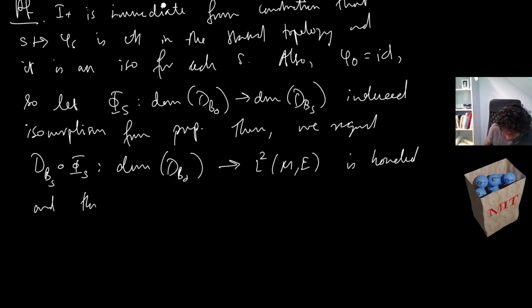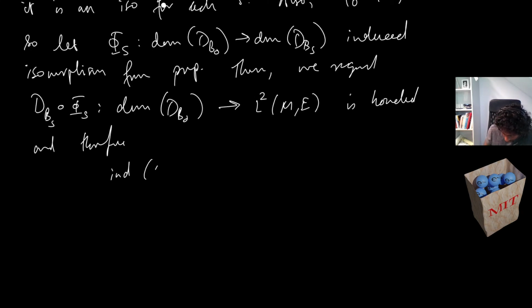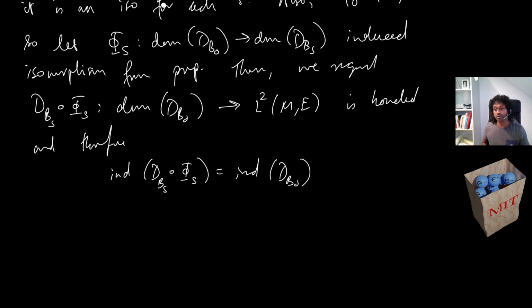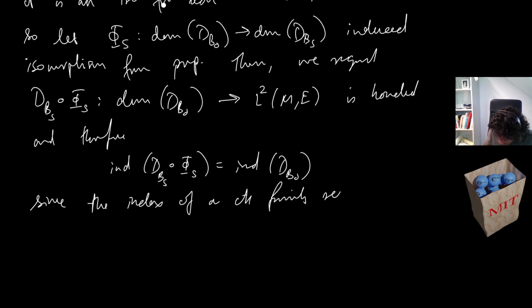And therefore the index of D_B^S composed with phi of S is equal to the index of D_B naught. Okay, so that's from the fact that the index of a continuous family remains fixed.